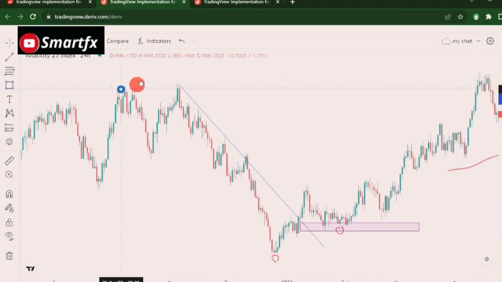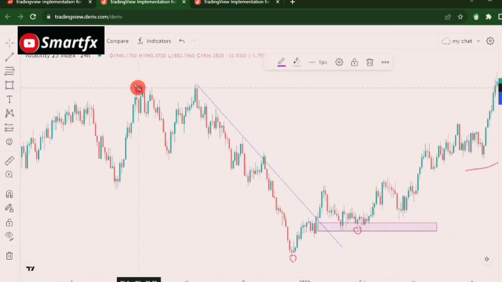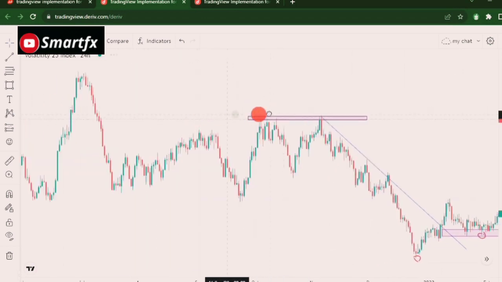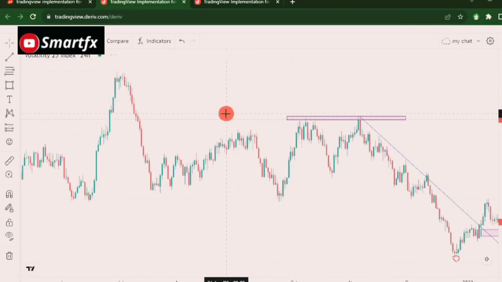The market was coming, so you see, it's actually a triple top, not a double top. But if you look at this pattern, you'll be able to trade it based on what I've taught you so far.